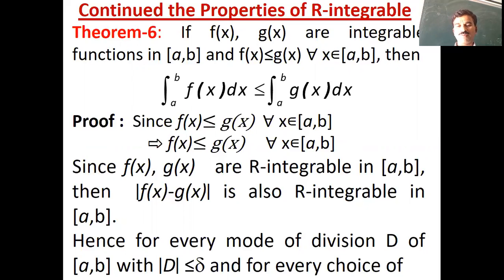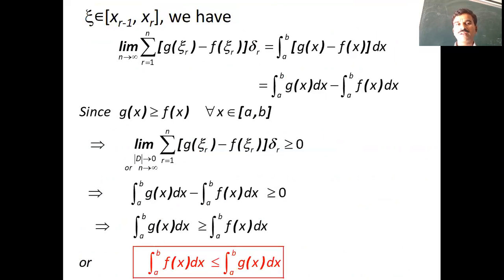Hence, for every division d of [a, b] with the magnitude of d less than or equal to delta, and for every choice of xi_r in the interval [x_(r-1), x_r], we have the limit of the summation of g(xi_r) minus f(xi_r) times delta, as n tends to infinity, where r runs from 1 to n.